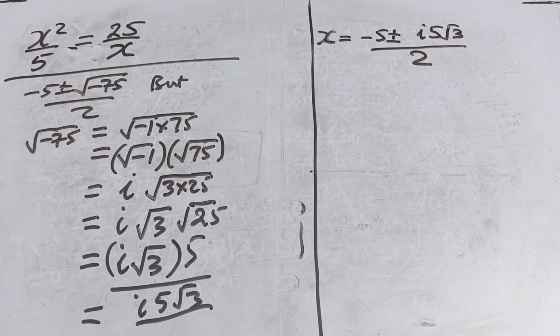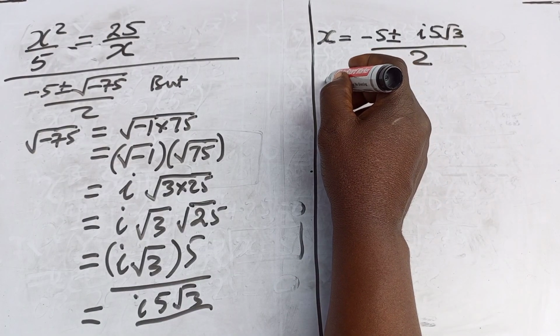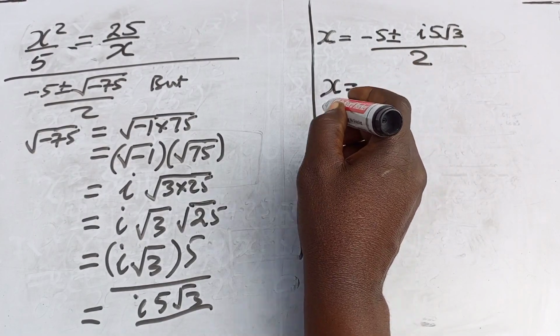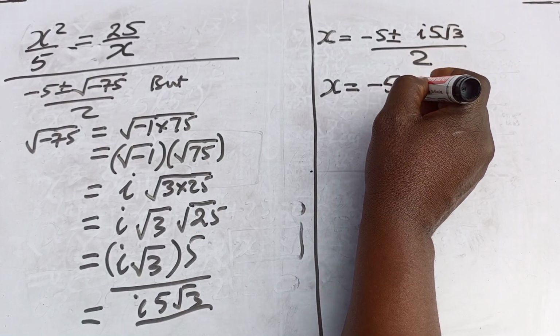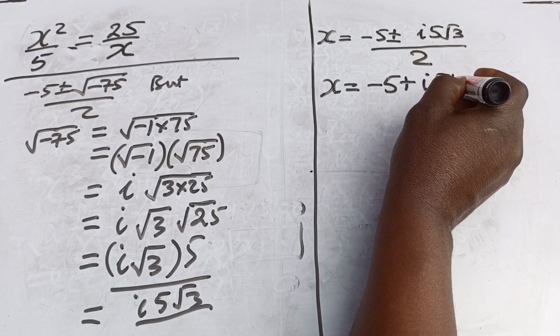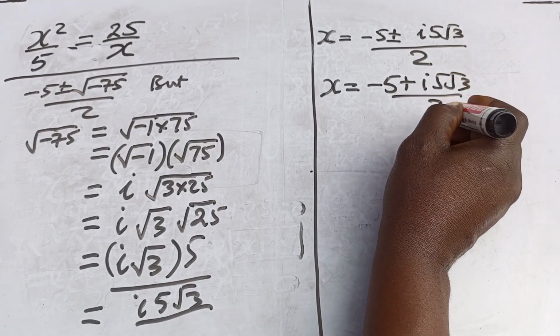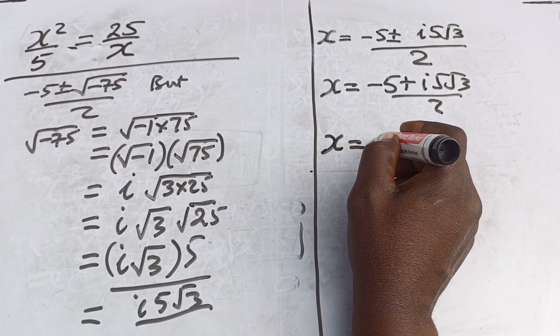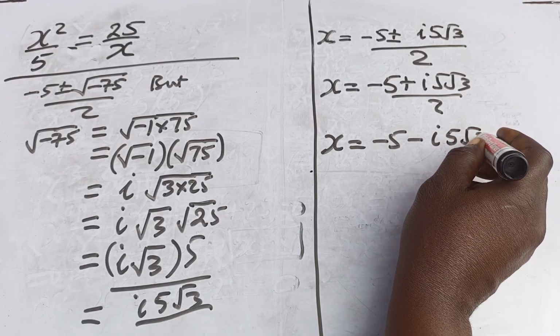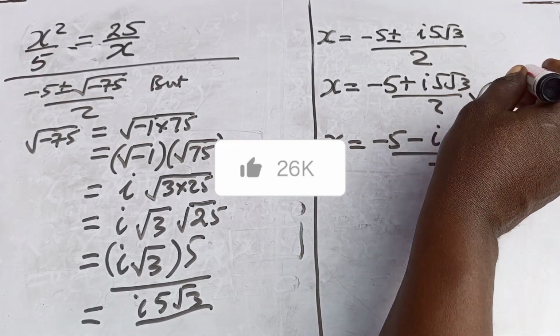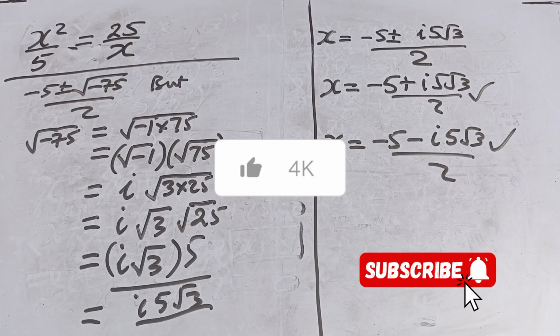This gives us the remaining two solutions to our cubic equation. So let's write them out separately. The first one will be x equals negative 5, we take the plus, and x equals negative 5, we take the minus. Okay, so this gives us the remaining two solutions to our cubic equation.